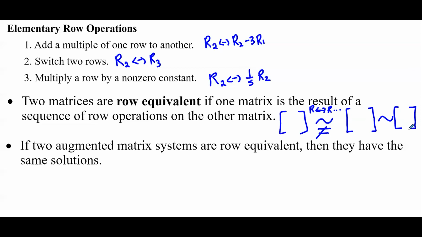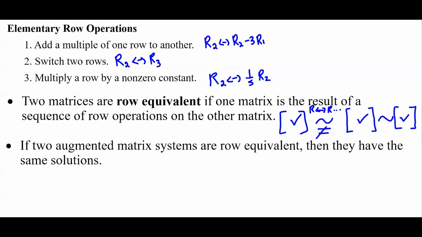And if two augmented matrix systems are row equivalent, then they have the same solutions, which is kind of necessary, right? Because we're trying to find the solution to the original system. So I want to find the solution of this guy here. So everything I do, I need the solutions to be maintained throughout the problem.